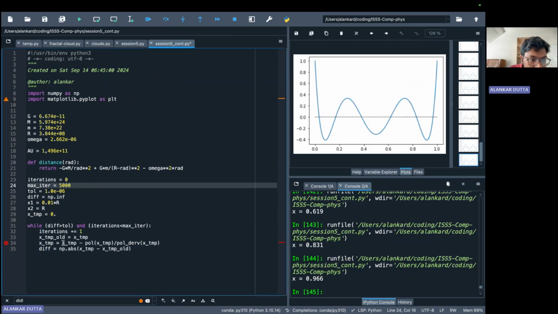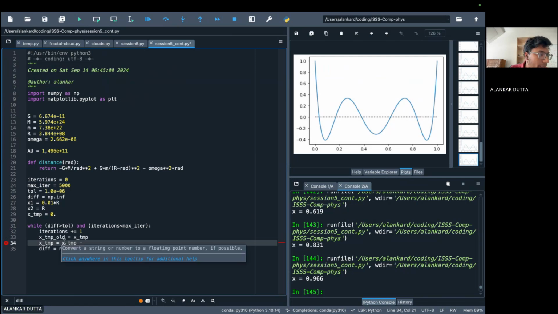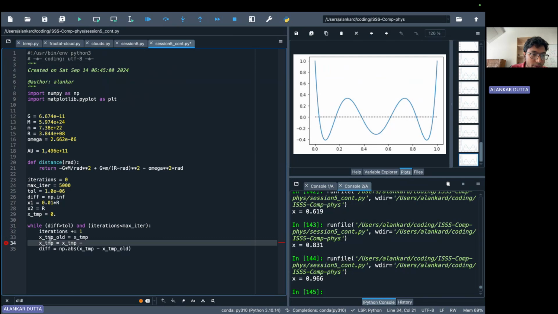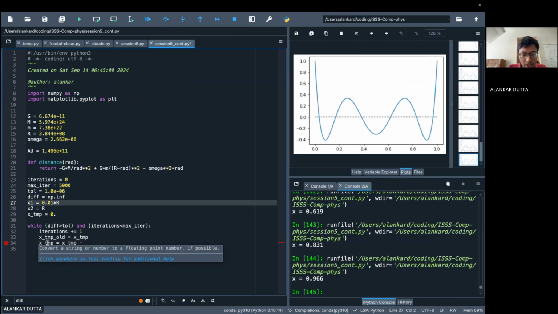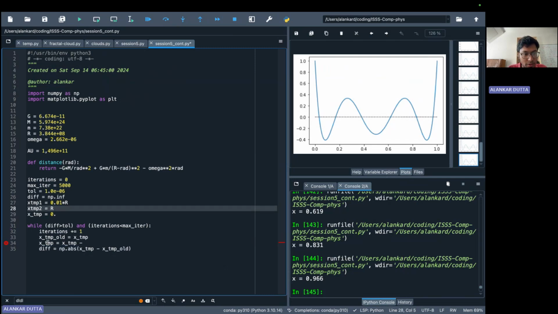And now we are doing an xn minus, here this is going to change. So xtmp is xtmp, the previous one. So we have xtmp1 and xtmp2, and xtmp is the new one.